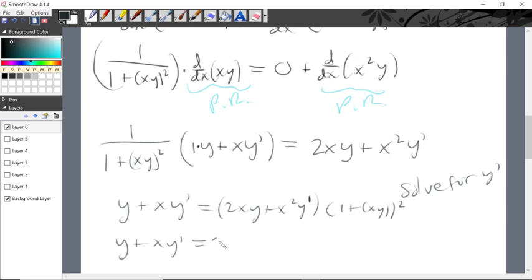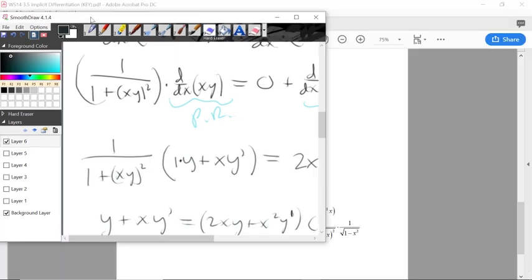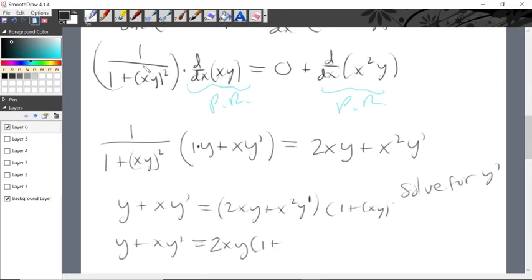Okay, on the right we have 2xy times 1 plus xy. This square should actually be right here, right? Xy squared, like that. So we have 2xy times 1 plus xy squared. Okay, and then plus, and then we have x squared y prime times 1 plus xy squared, like so.